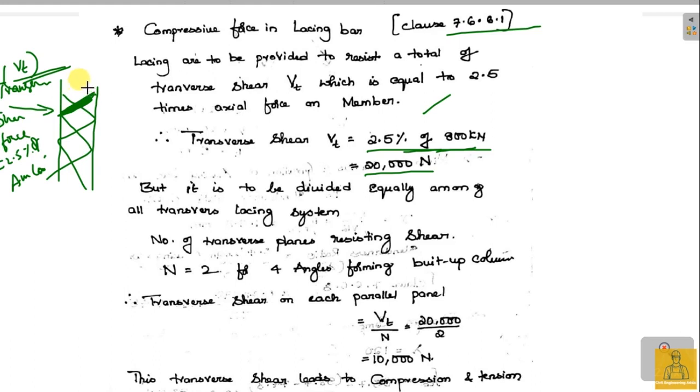So you have to find out what forces are coming into the lacing bars and whether the lacing bar is able to take that load or not. The second thing you need to find out is whether the lacing bar is safe against buckling. We did this for the portion between the lacing bars initially, right? So you have to follow the same thing here also.